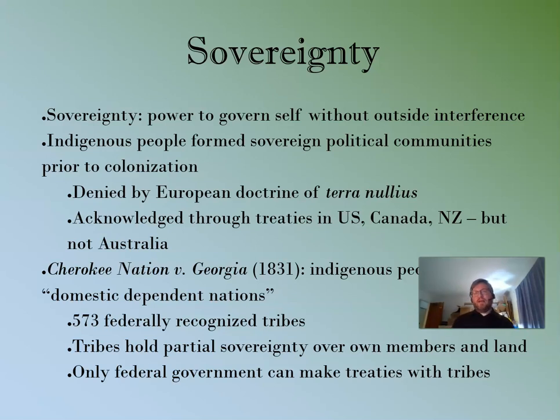So these tribes that are recognized by the federal government hold partial sovereignty over their members and lands. They are able to have a lot of control over what goes on with their people in their territory without interference by the United States, and in particular without interference by state governments. One of the major things that this recognized status does is that it exempts tribes from a lot of state law because they're considered a separate nation from that state.